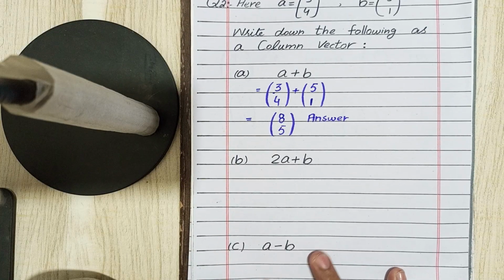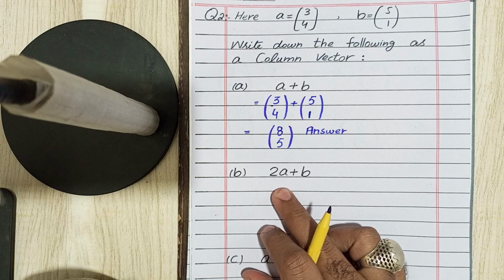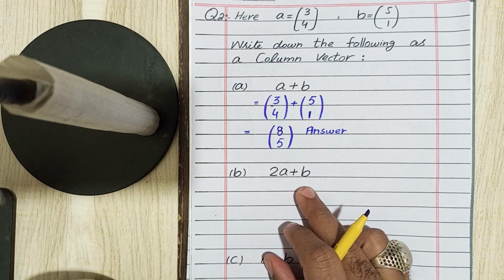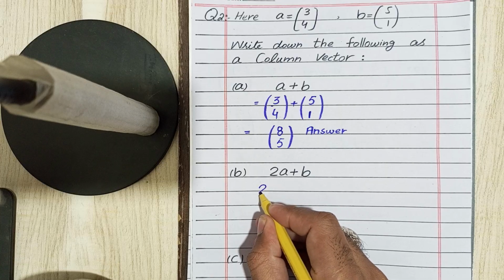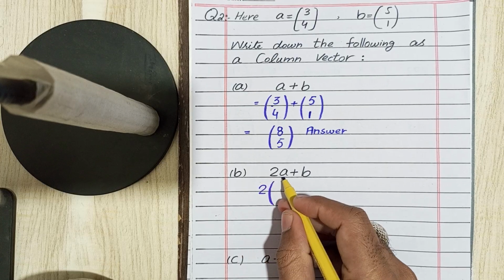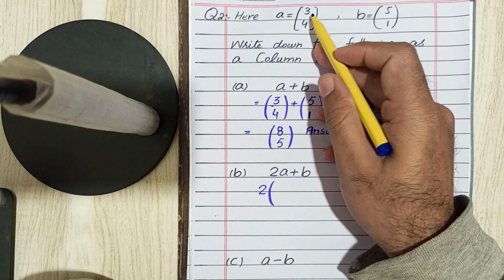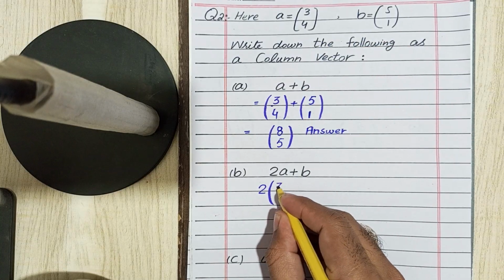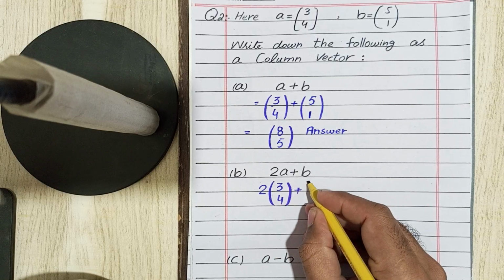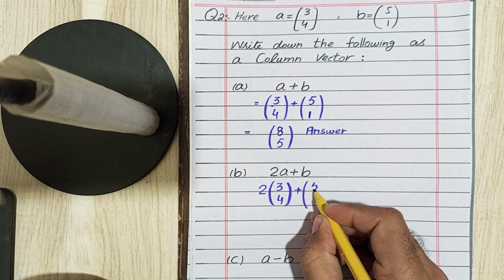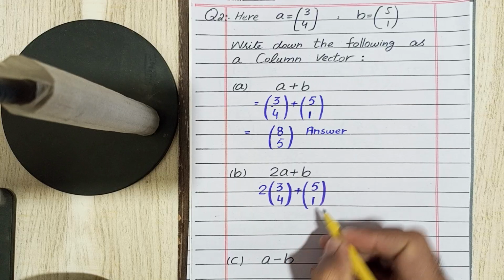Now our next part, part B. In part B we have 2A plus B. So here we write 2 and here we have vector A. Vector A has value 3, 4, plus column vector B has values 5, 1.